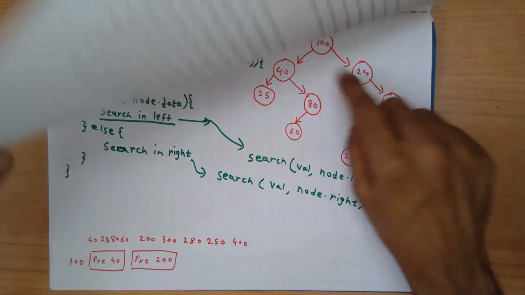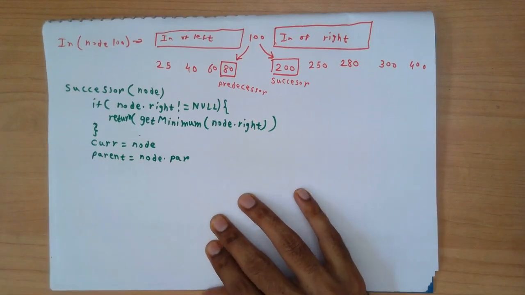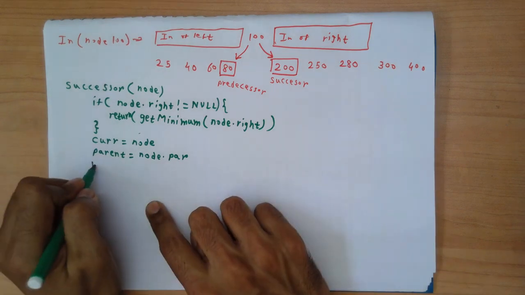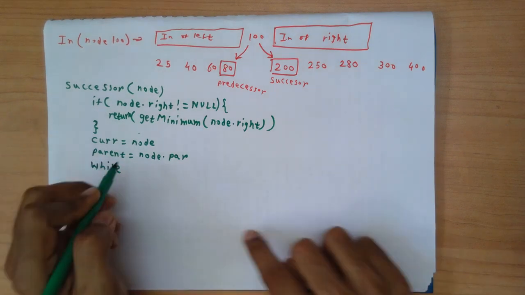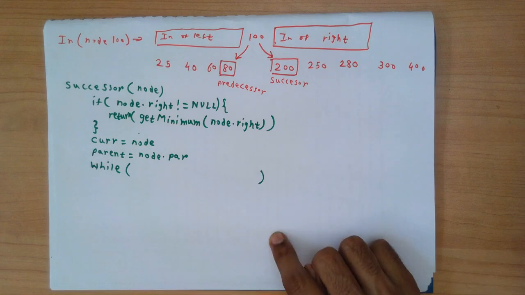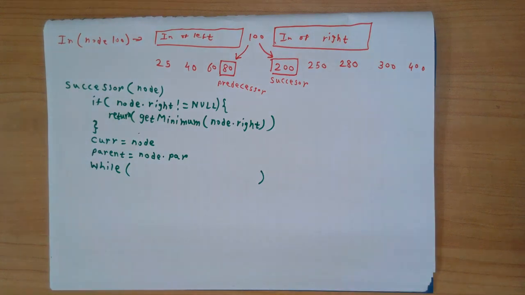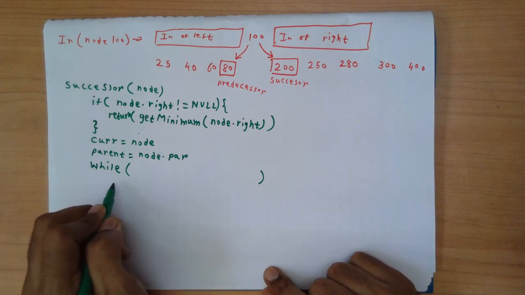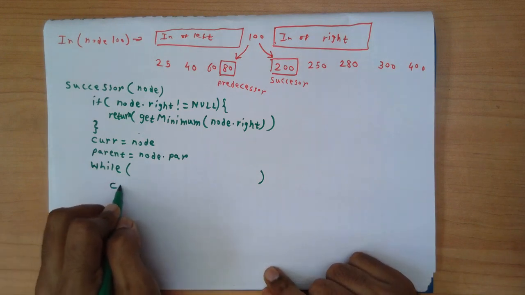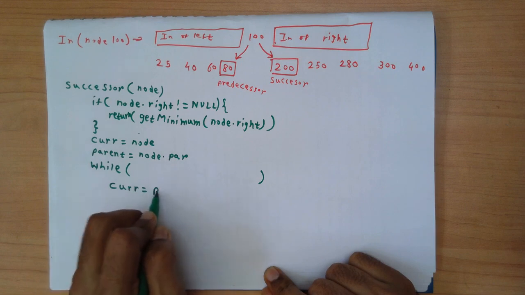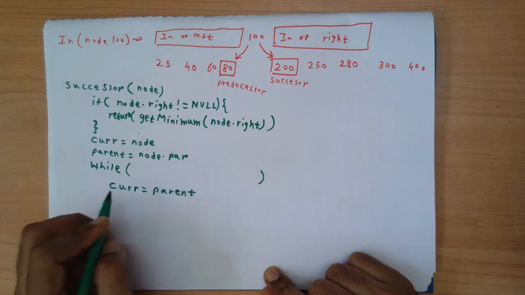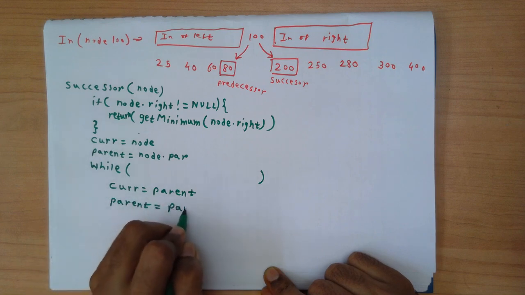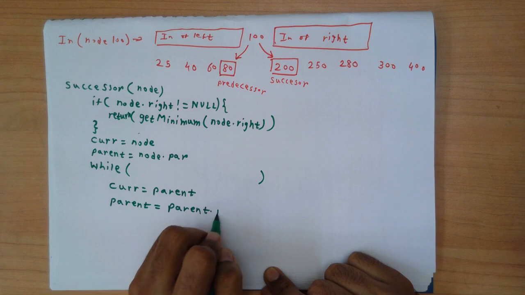So we will have a looping construct, a while, with a certain condition for breaking. We'll write that condition later, but inside, what we have to do is simple. Current is going to be parent, so we move up, and parent will be parent's parent, so parent.parent.